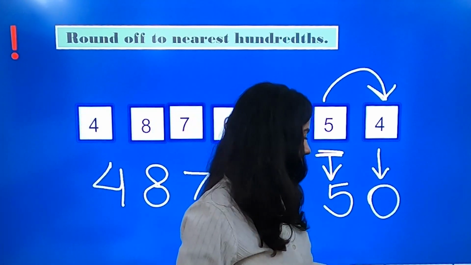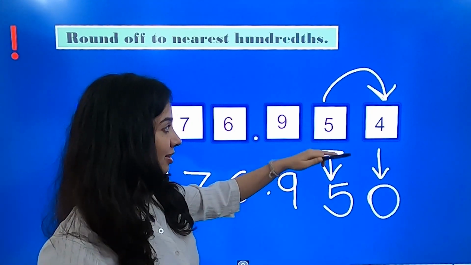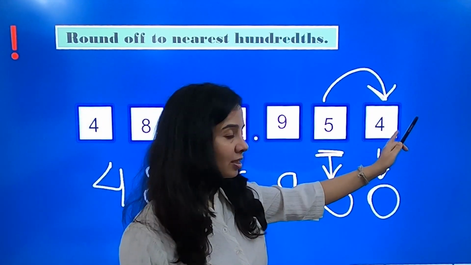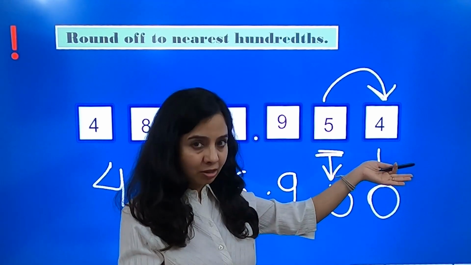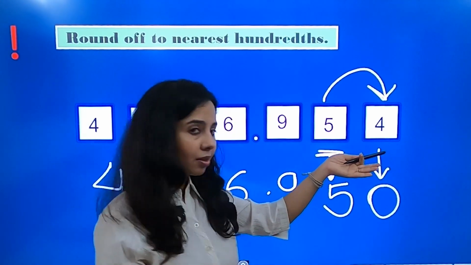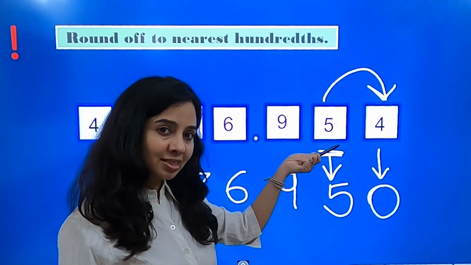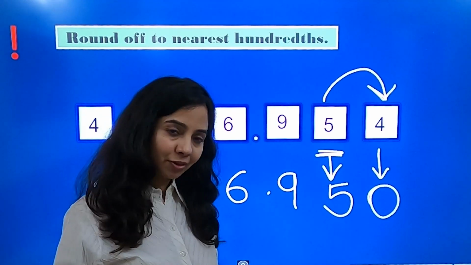So rounding off is pretty simple. We just have to focus on our focus digit, that is the place up till where we have to round off, and then we have to see the digit on its right place, and put it to our hill rule, and applying the hill rule we decide the fate of our focus digit, whether we'll increase it or we'll decrease it, right?